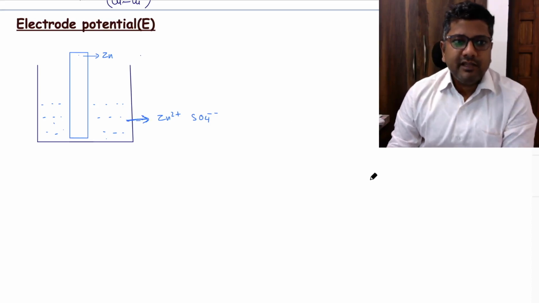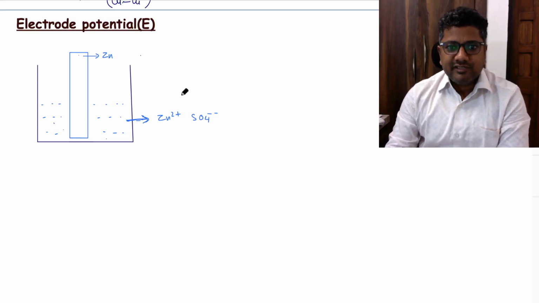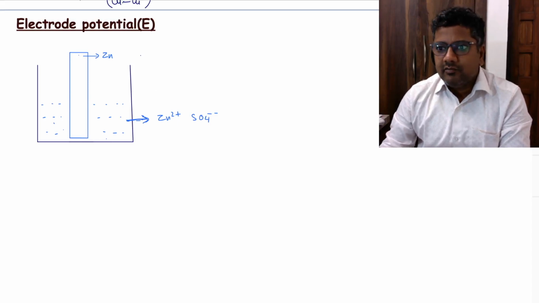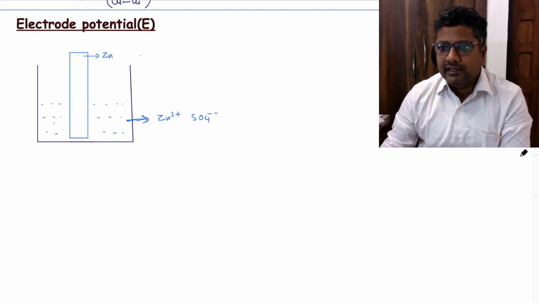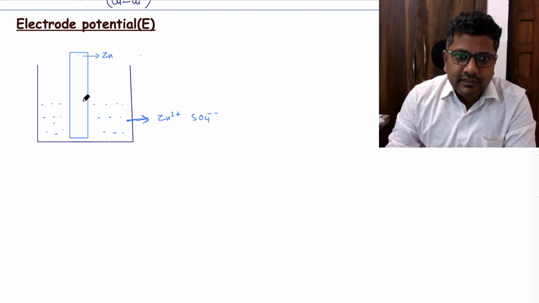So what is happening here? See, after some time, zinc sulfate is electrically neutral. This solution is electrically neutral. Zinc rod is electrically neutral. But after some time, what we observe is that the zinc rod is negatively charged with respect to the solution.